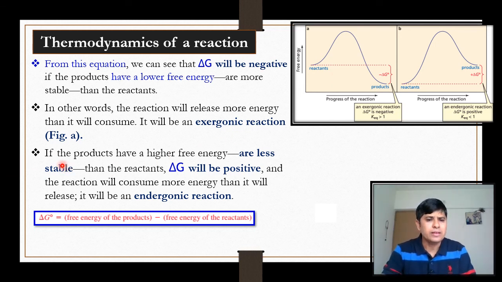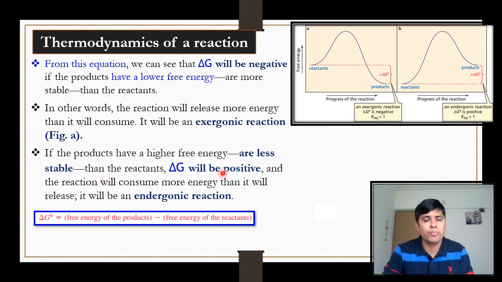Now see, if the products have higher free energy, as in curve B, the second curve, then the products are less stable than the reactants, because they have higher free energy.